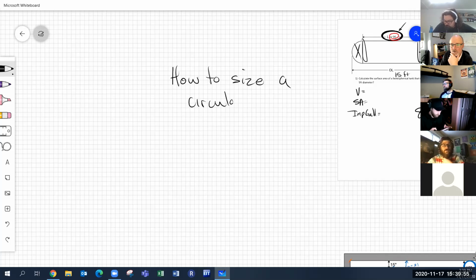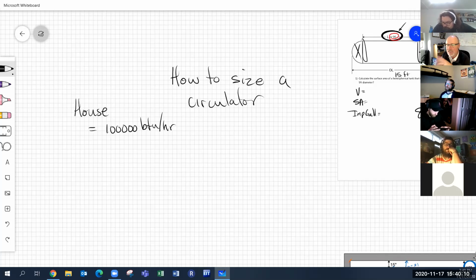Say I had a house that has a heat loss of 100,000 BTUs per hour. That heat loss is calculated by taking the square footage of your walls, depending on the construction, et cetera. There's a little bit to calculating heat loss in a building.